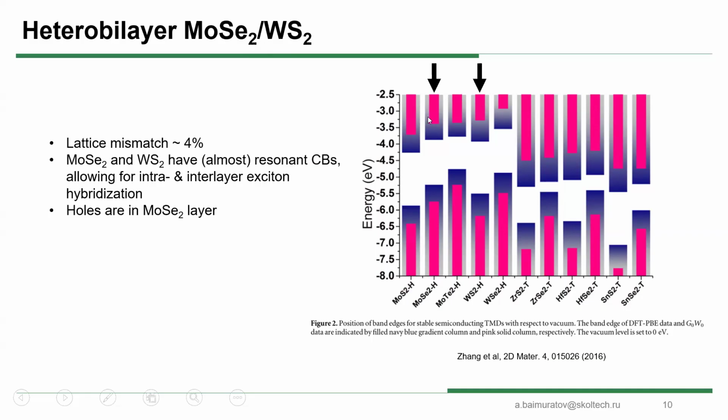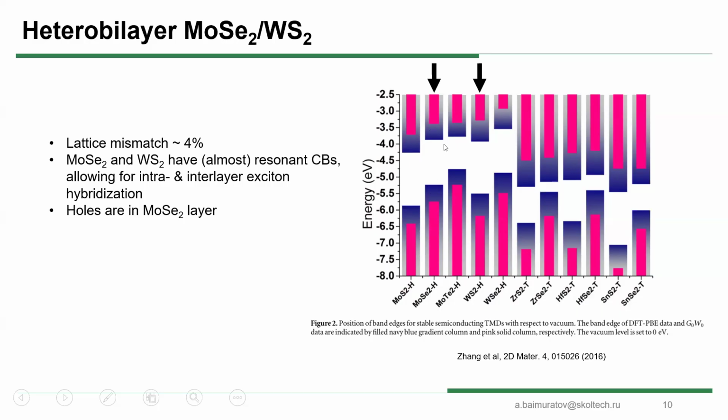And here you see a DFT calculation. From this DFT calculation, we know that in such a structure we have resonance of conduction bands, and we know that holes all the time sit in the moly layer. You have holes here. This is the top valence band.